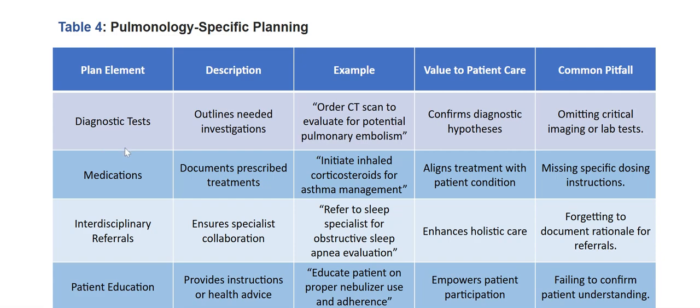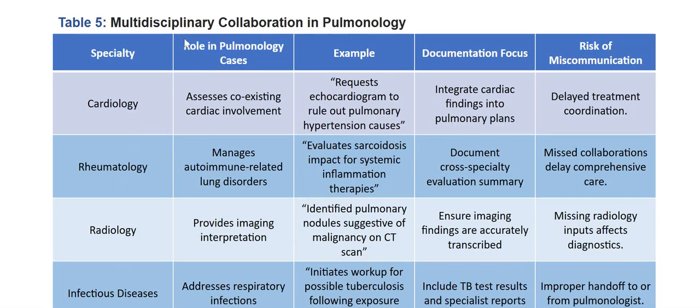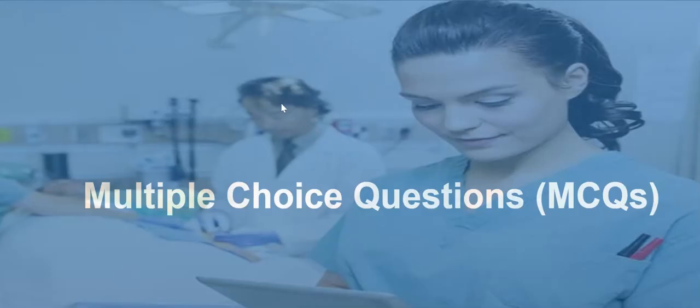Plan elements: diagnostic tests, medications, interdisciplinary referrals, patient education, follow-up plans. Here we have a table on multidisciplinary collaboration in pulmonology: specialty, role in pulmonology cases, example, documentation focus, risk of miscommunication. Specialties: cardiology, rheumatology, radiology, infectious diseases, and sleep medicine.